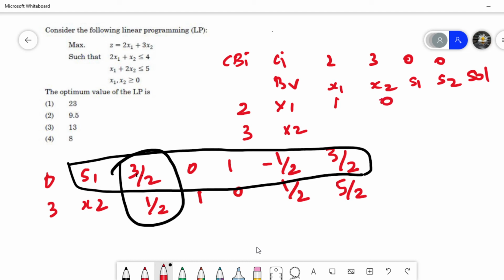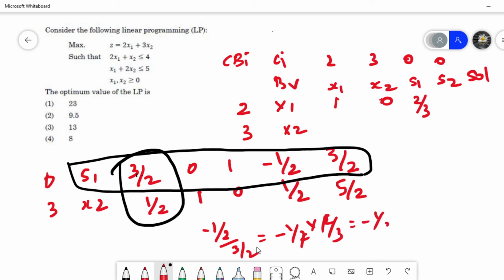So next 1 divided by 3 by 2, so it is 2 by 3. Next minus 1 by 2 divided by 3 by 2, that is minus 1 by 3. So next one, 3 by 2 divided by 3 by 2, it is 1.